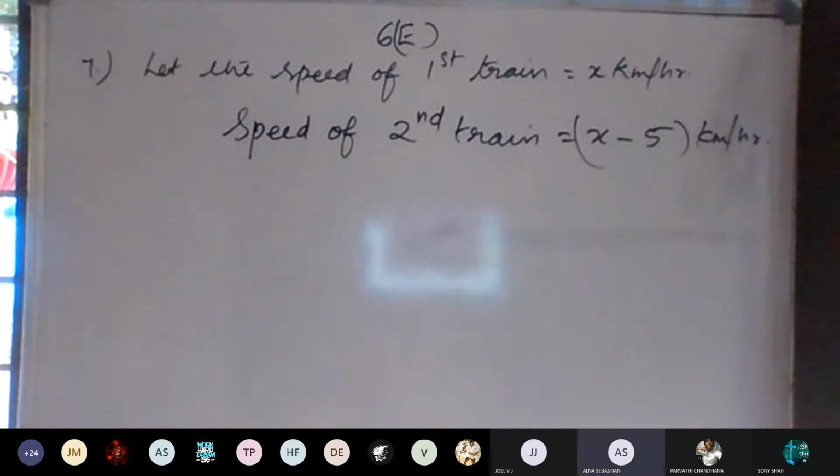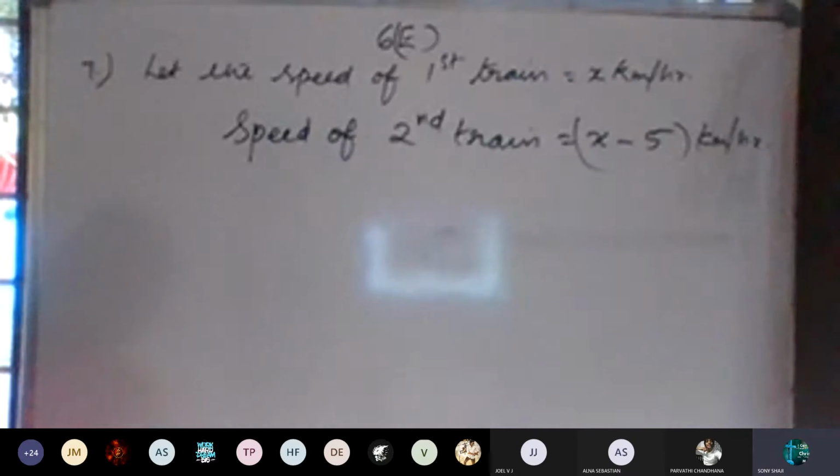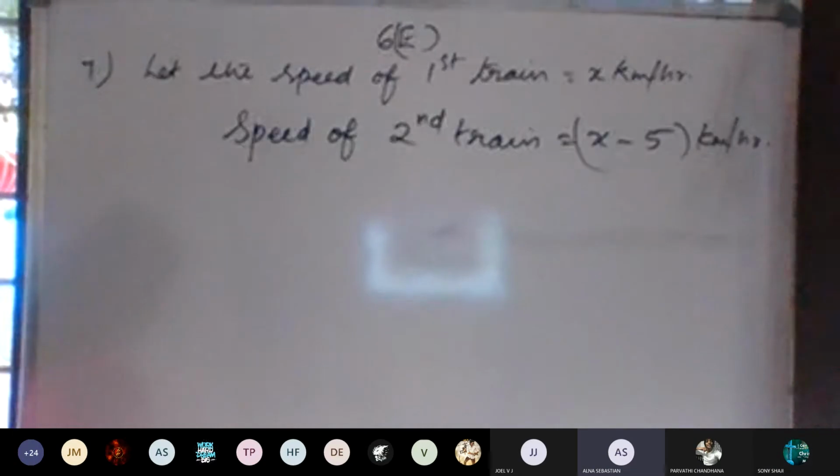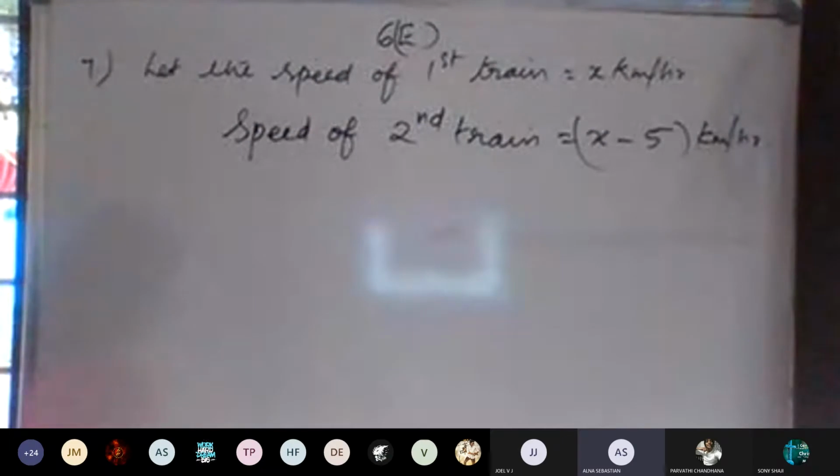x and x minus 5 are there. Then, got it or not? Is that correct? x into 2, how did you get this x into 2?